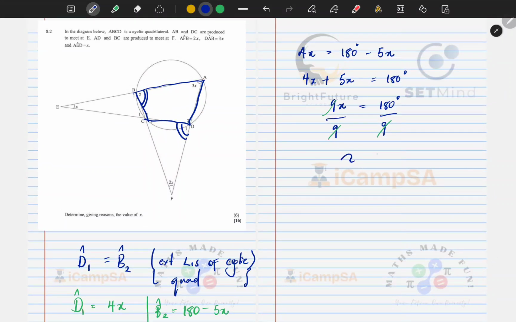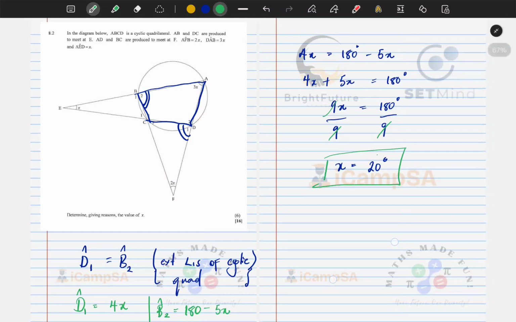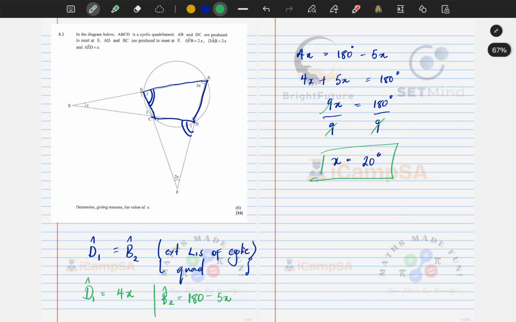So now you have x is equal to 180 divided by 9, which should give you 20 degrees. Perfect. Right. So now we have solved for the value of x. So our value of x is equal to 20 degrees, right?